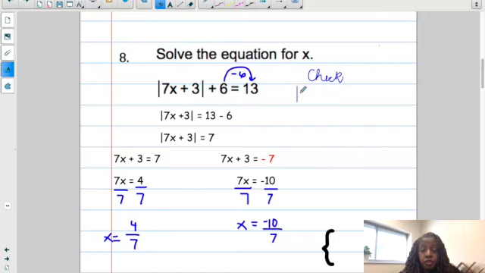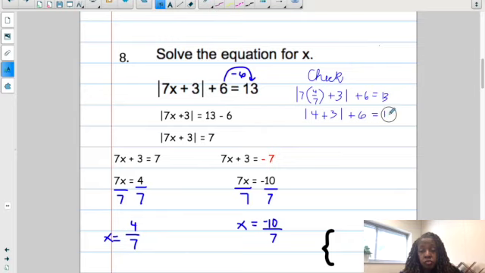The absolute value of 7 times 4 over 7 is going to give us a 4, plus 3 gives us a 7, plus 6 on the outside is definitely going to equal 13. Again, that is the absolute value of 4 plus 3, which is 7, and 7 plus 6 is definitely 13.